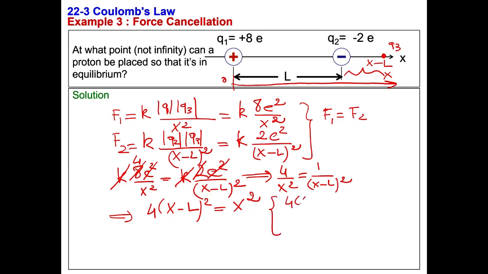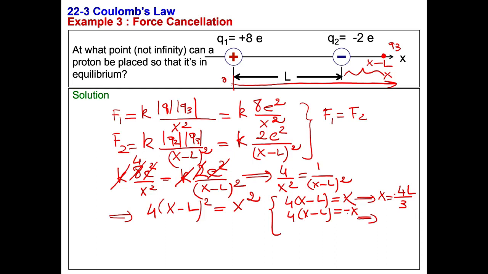It's 4x minus L is equal to minus 2x, and 4x minus L is equal to minus x. Okay, so when we do the two solutions, we will find, let's see here. So 4x minus x, that's 3x. 3x is equal, so this is x is equal to 4L over 3 in this case.